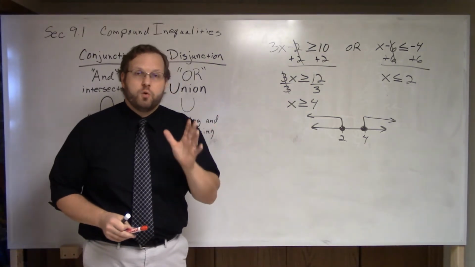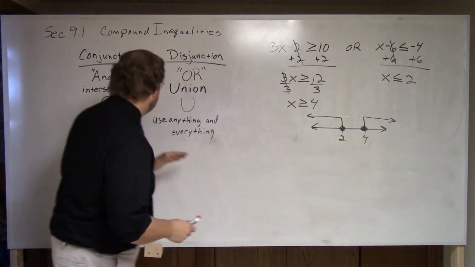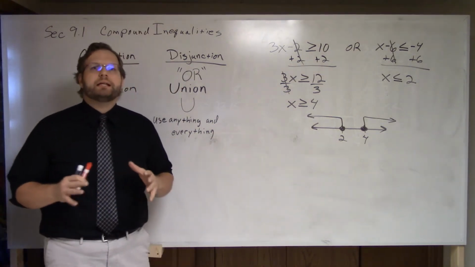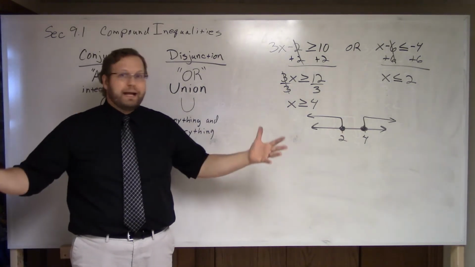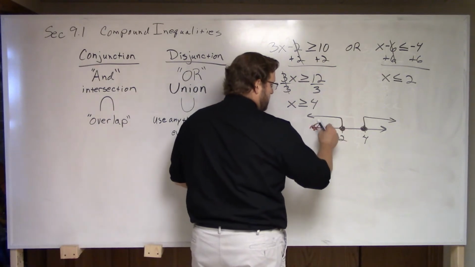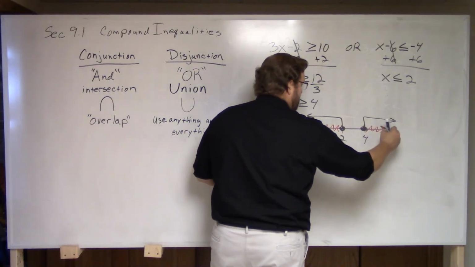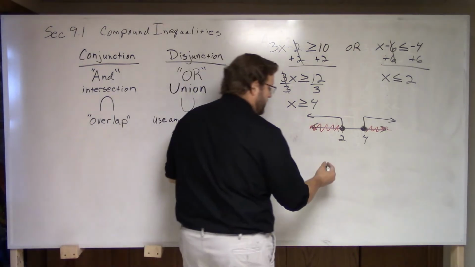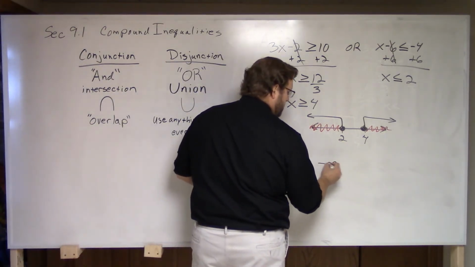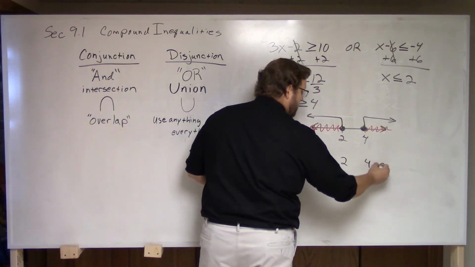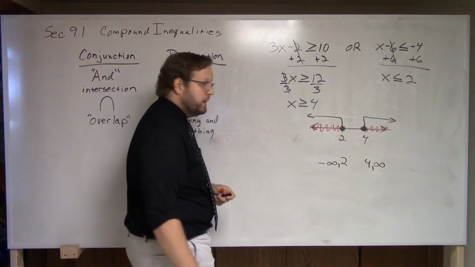Now remember, it's an or statement, so I'm not looking for overlap. I'm looking for anything and everything. Where is there shading? That shading occurs here and here. So I'm going to use it all. I have shading from negative infinity to 2, and then I jump and I have shading again 4 to infinity.